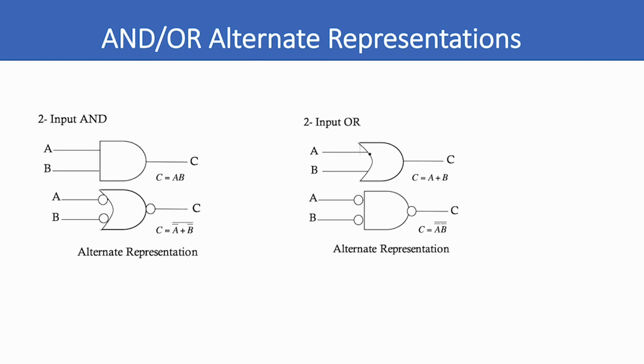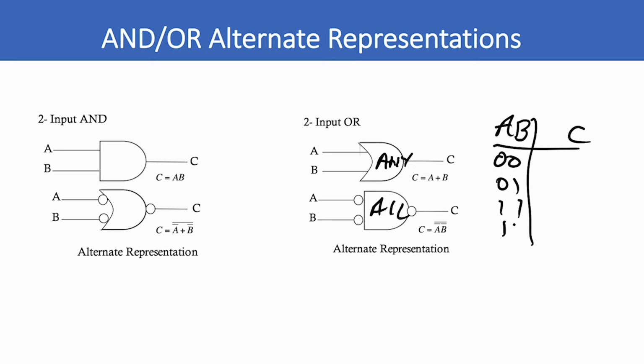Let's look at a 2-input OR gate. So this is an any, and this is an all. Let's draw that truth table again. Okay, let's look at the top function here, this OR gate, which is an any. This says any high gives a high.